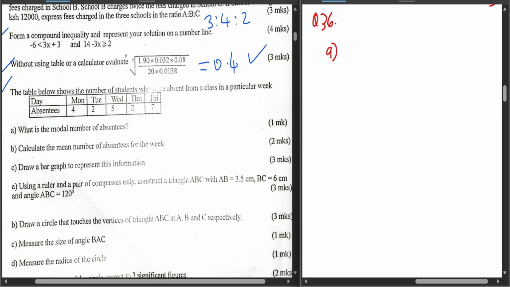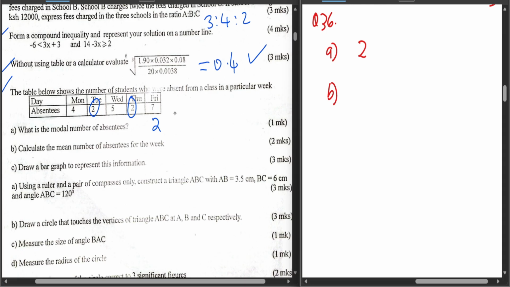Now, what's the modal number of absentees? The number that appears most frequently is the mode. So the mode is 2, because 2 appears twice in the week. Calculate the mean number of absentees for the week.